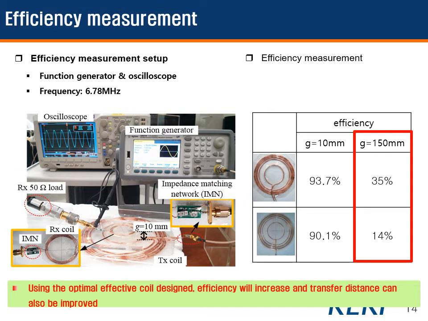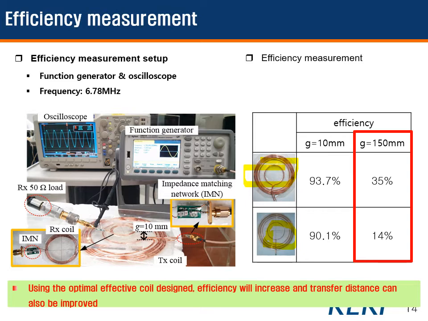We also investigated that a coil which is optimized for lowest resistance will have a better coupling efficiency. This coil here is optimized for low resistance in terms of wire radius R0. The other is not optimized.